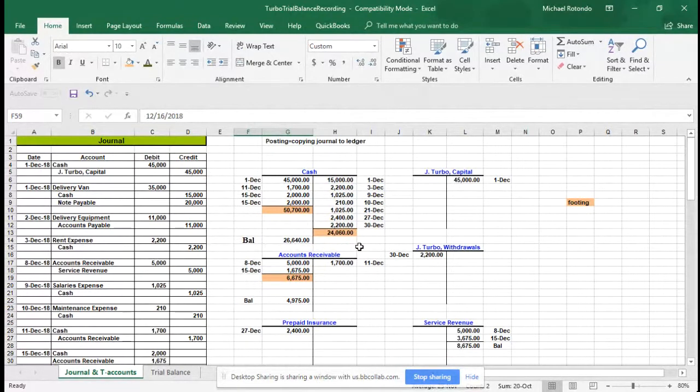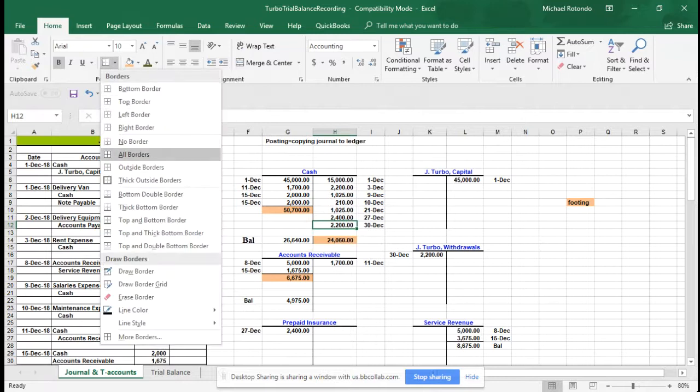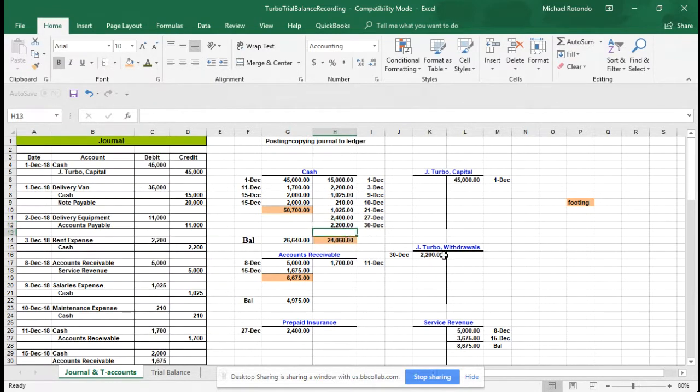Okay, so what we need to do is fix the cash account. So we can carry this down one. We could just put it at the bottom. So we're going to fix our border here. Okay, and we'll just put it down here so we don't have to redo everything.